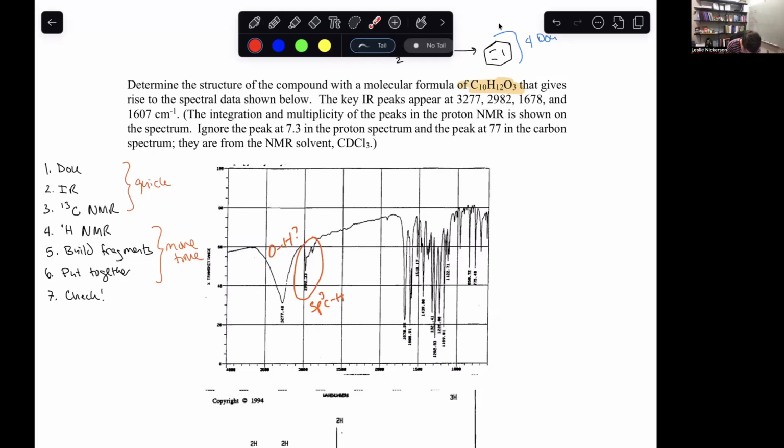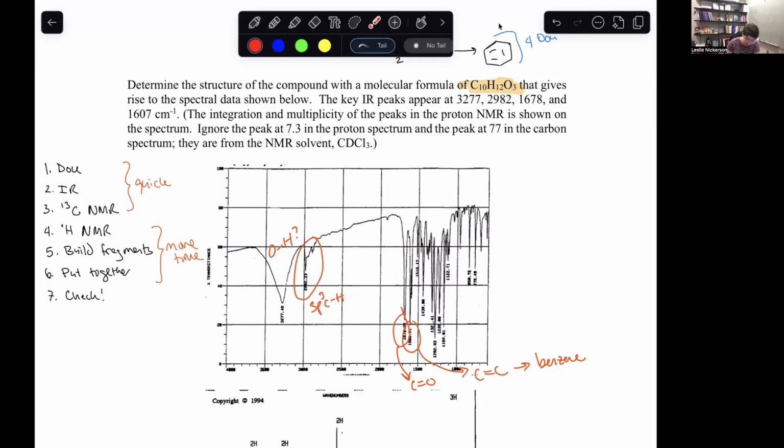We're also told the 1678 and the 1607 wave numbers. So this one and this one. The 1678 is pretty close to the carbonyl region, and my 1600 is pretty close to my C=C region, which, again, is more confirmation telling me benzene.